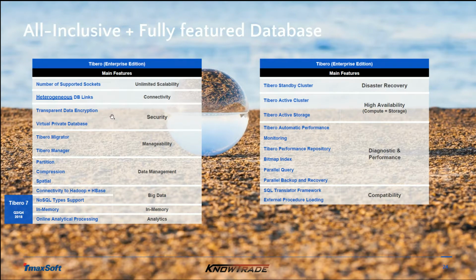Transparent data encryption has its own added value because the algorithm was invented in South Korea, and the people that actually invented it are very close to the people that developed Tibero in South Korea, at TmaxSoft, even if it's a privately held company.